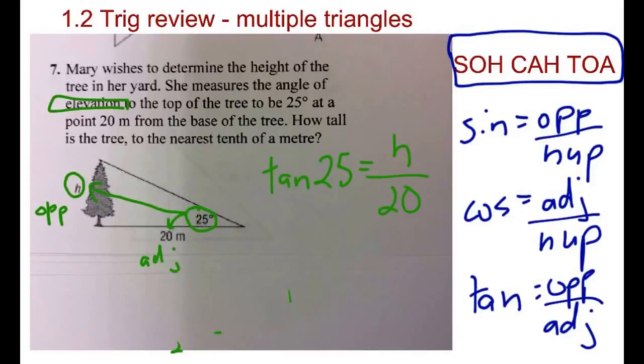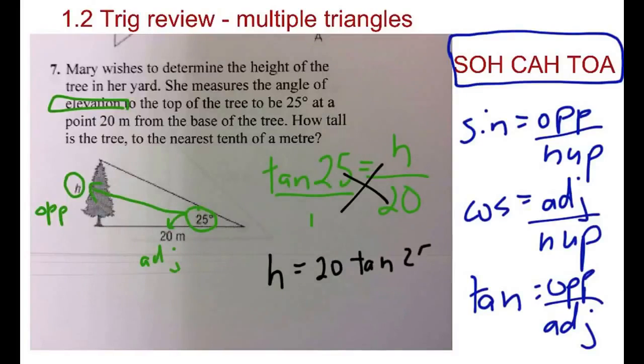So the question is, how do we solve it? Remember, you want to cross multiply, so we can put the 20 over 1 if we want. Cross multiplying, we have h times 1, which is just h. We don't need to worry about the 1. And cross multiplying the other two, we have 20 times tan 25. I'll put that in brackets so we remember it's being multiplied.